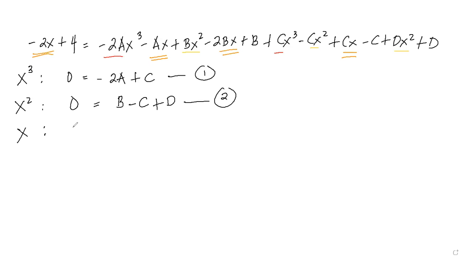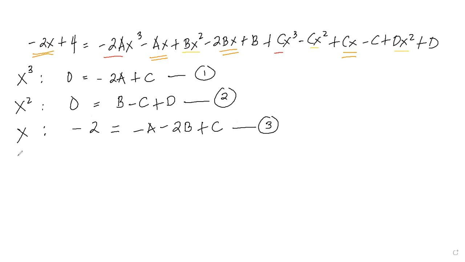So I have minus 2. I will not copy the x anymore. Anyway, they all have the x. Is equal to minus a coming here. Here, minus 2b. Where is the other x? This one. Plus c. Now you have this as equation 3.